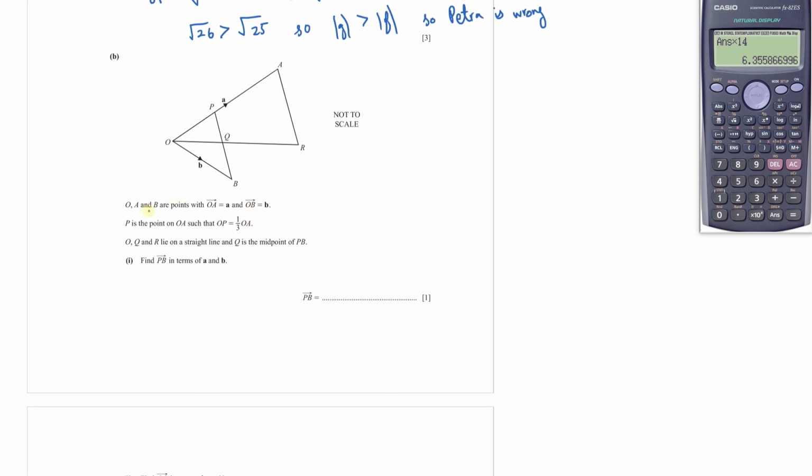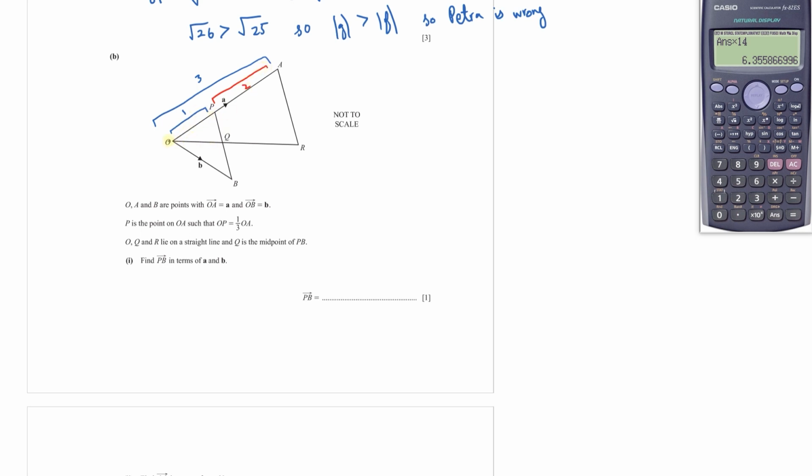Part B is OAB are points with vector OA as a, OB is b, P is the point on OA such that OP is 1 by 3 times OA. So if this full length is 3, then OP is one part, and then this length PA will be two parts.